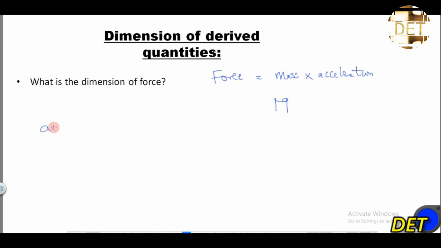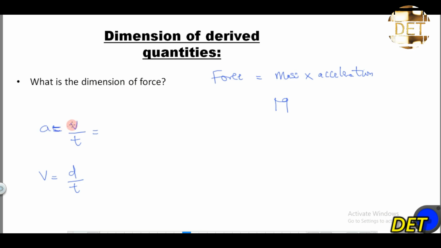So acceleration is equal to velocity all over time. And your velocity is equal to displacement over time, right?